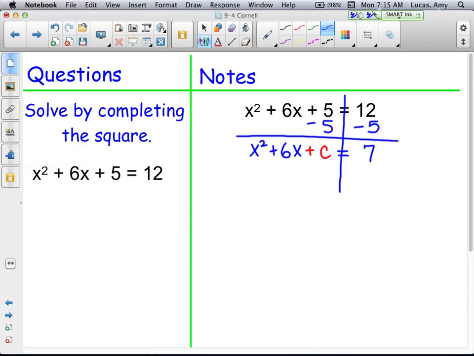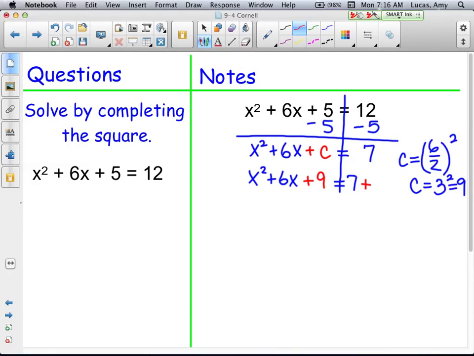So what would make a perfect square trinomial on the left-hand side? C equals 6 divided by 2, and then I would square it. 6 divided by 2 is 3, 3 squared is 9. Now, here's the deal. If I want to add 9 where the c is on the left-hand side, I am also going to have to add 9 on the right-hand side, because that's a rule for solving equations.